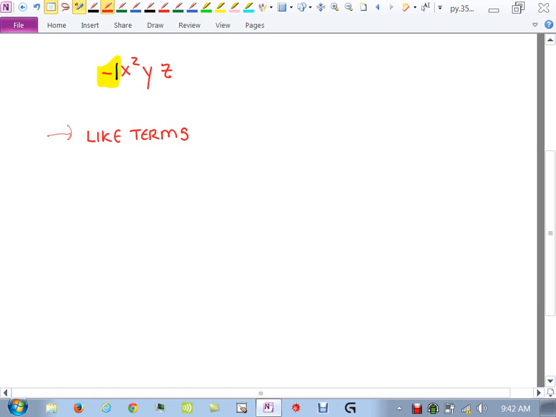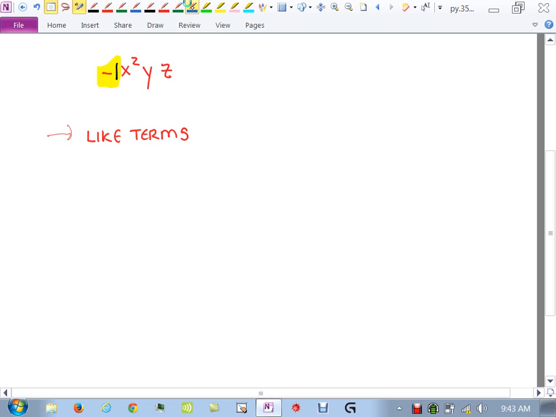You've got maybe a couple of cats and a couple of dogs and different sorts of animals. You group them together by what they are. And with terms, we like to do that also. We like to group things together as long as they are alike. And to be alike, they have to have certain similarities. So here's what it would mean to be a like term.